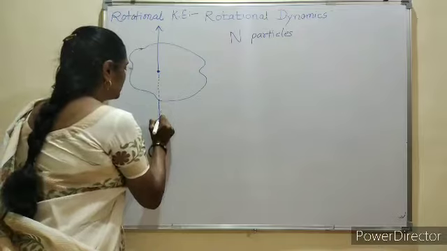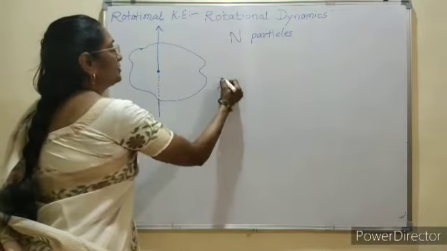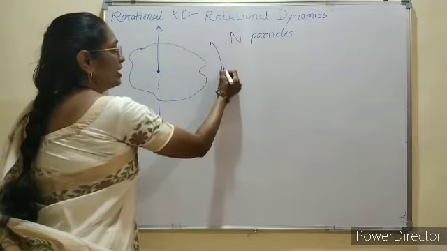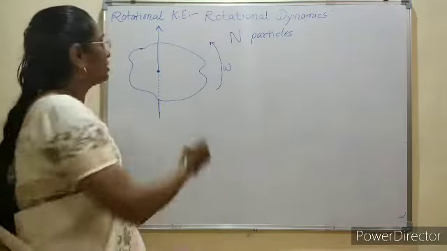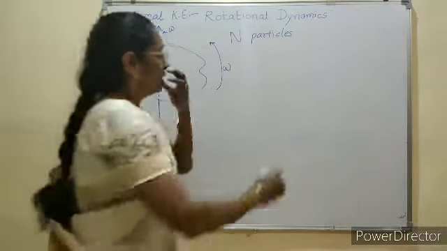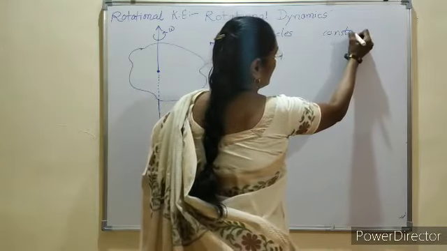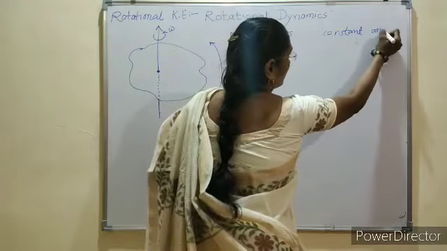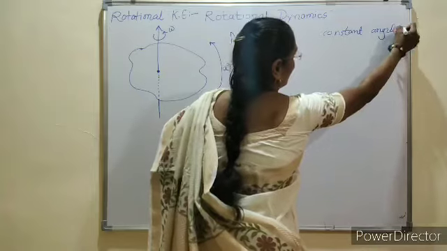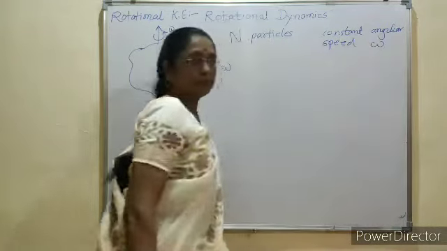So this is the axis of rotation and the body is rotating in this way. This is the angular velocity of the rotating body. It can be shown like this. The body is rotating with constant angular velocity or constant angular speed omega.